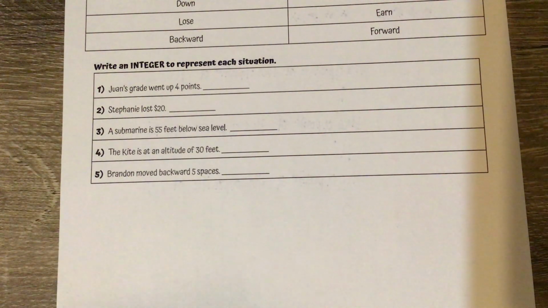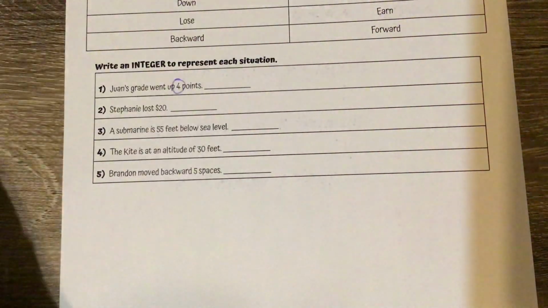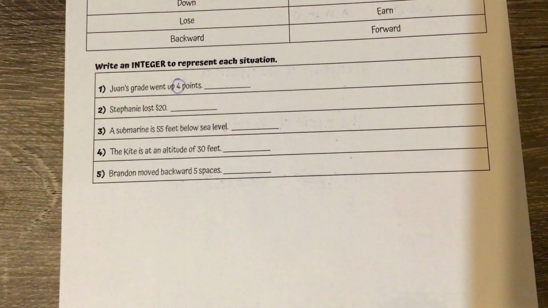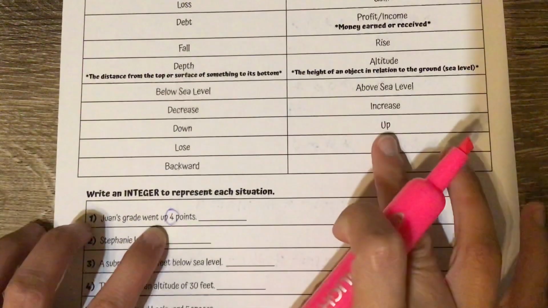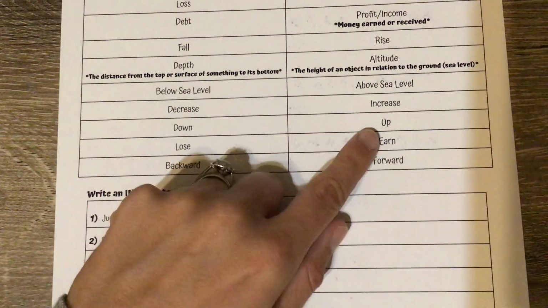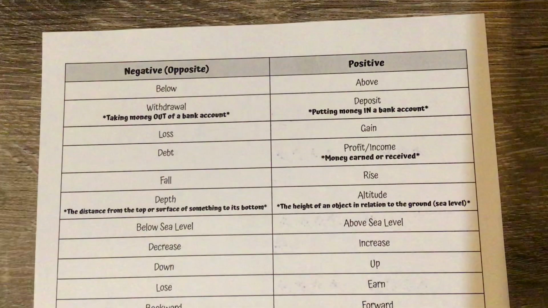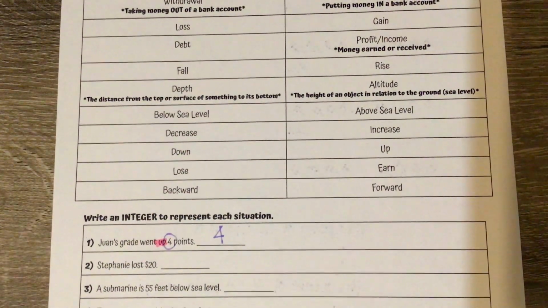What we do, as always, is circle the numbers that are given to us. Highlight the keyword. So I'm looking in here. Juan's grade went up. The keyword that I see that's in our chart is the word up. Up tells me it's a positive value, so I'm just writing this as a 4. That's positive 4.